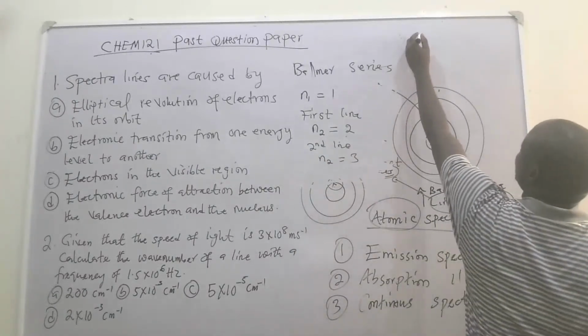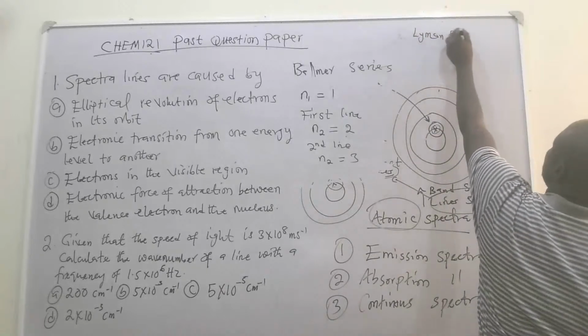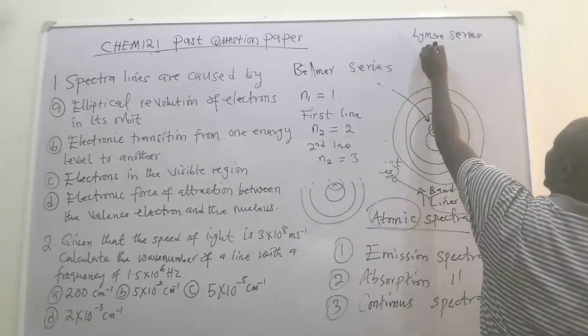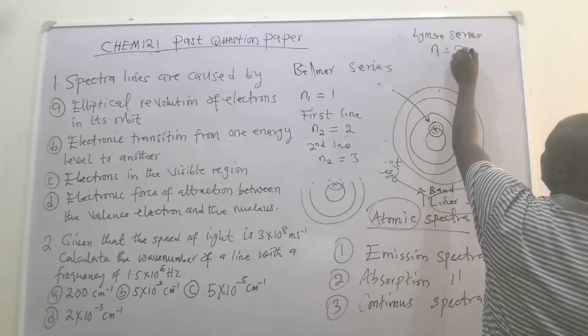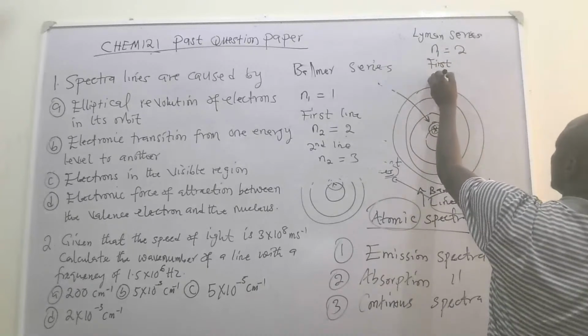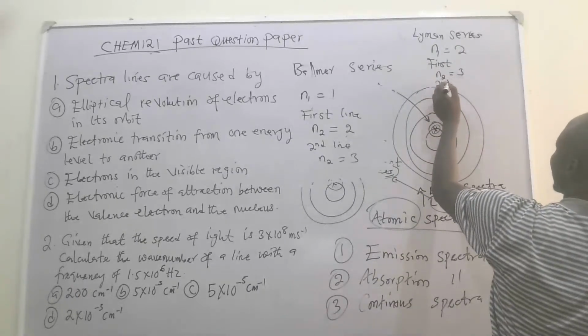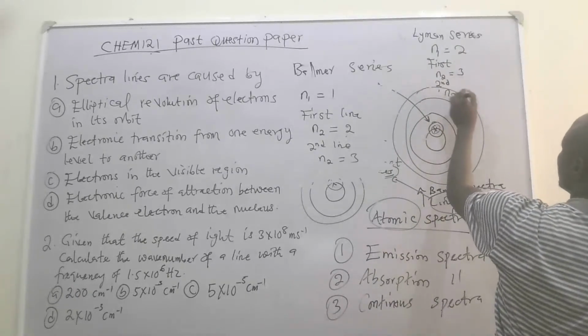And in the case of the Balmer series, N1 is equal to 2. For the first line, N2 is equal to 3. For the second line, N2 is equal to 4.